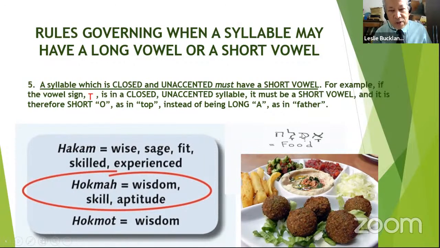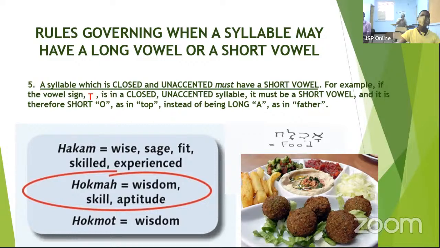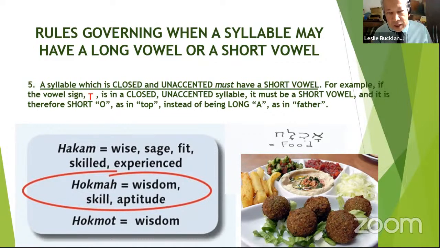Is it an open syllable or is it a closed syllable? Close. Would anyone like to say? Close. It's a closed syllable. Why do you say it is a closed syllable?